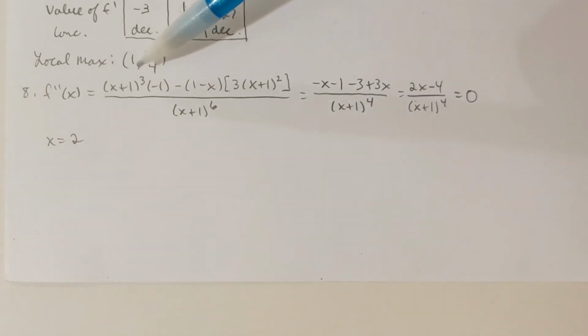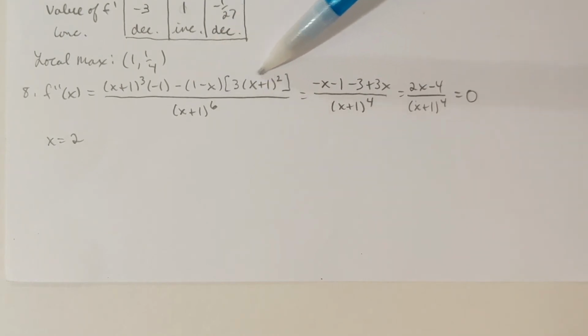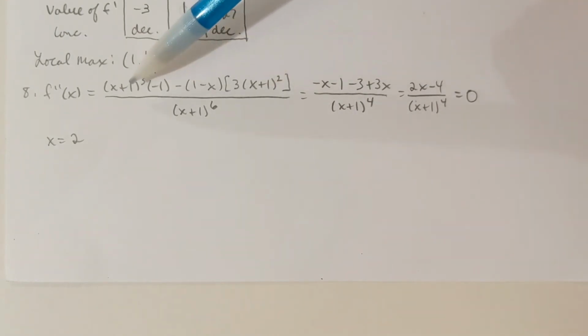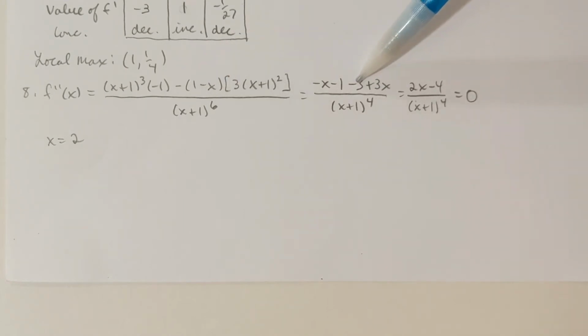And in the numerator, I'm going to have (x plus 1) times negative 1, that'd be negative x minus 1, and then minus, so this (x plus 1) squared has already been factored out and canceled, so you've got minus the quantity (1 minus x) times 3. You can distribute the negative 3 into those two terms, and that'll give you a minus 3 plus 3x at the end.